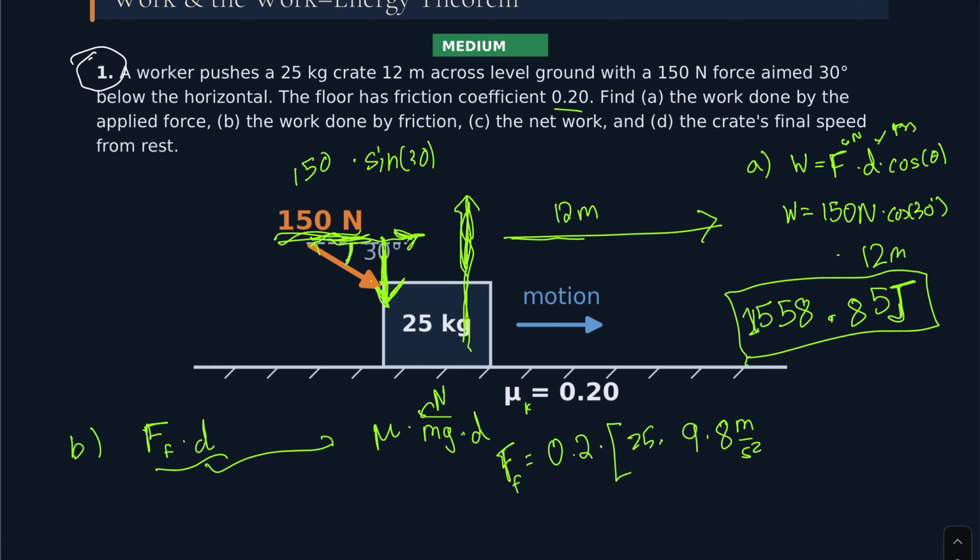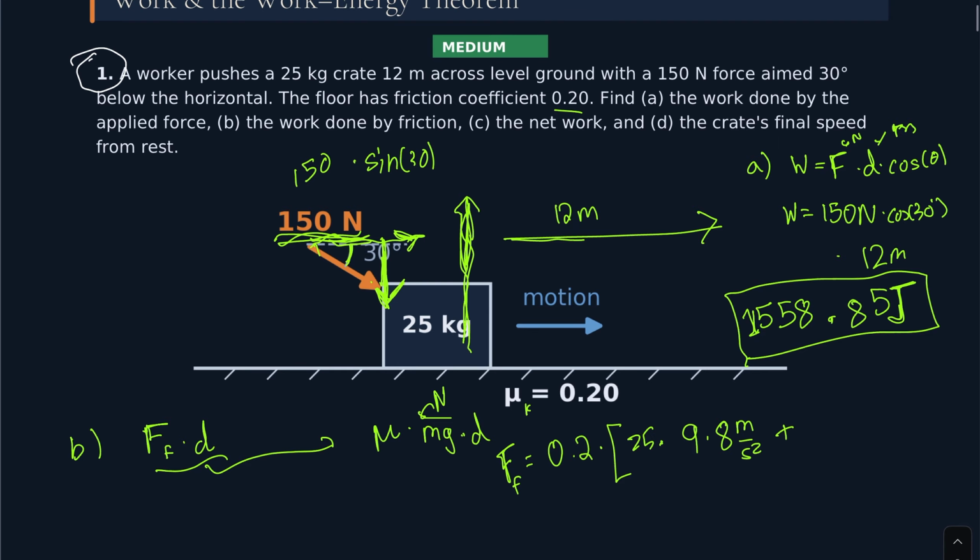What's the other force it's tackling? This one, right? And both of these are acting in the same direction. So the normal force has to repel both of them, right? If we can count these both, gravity and this force, as negative, we can add them together because they're in the same direction. The normal force is countering both of them. So plus 150 sine 30 degrees. Okay, that's your normal force.